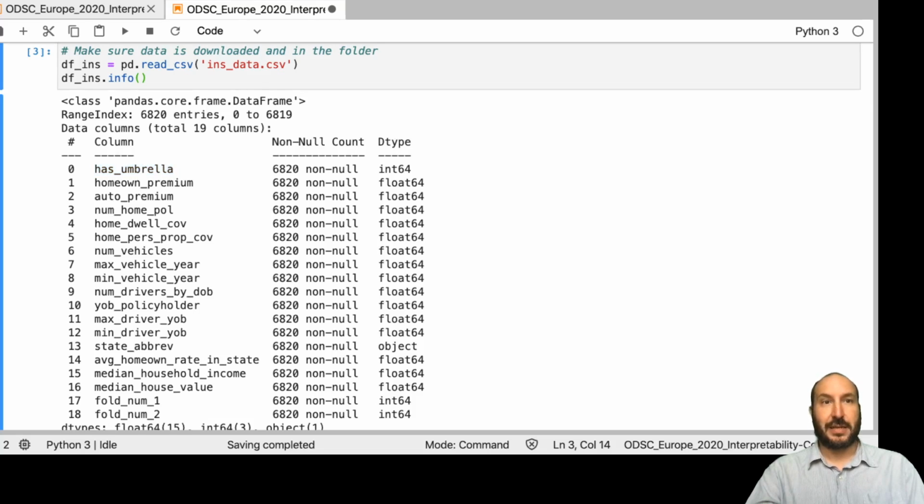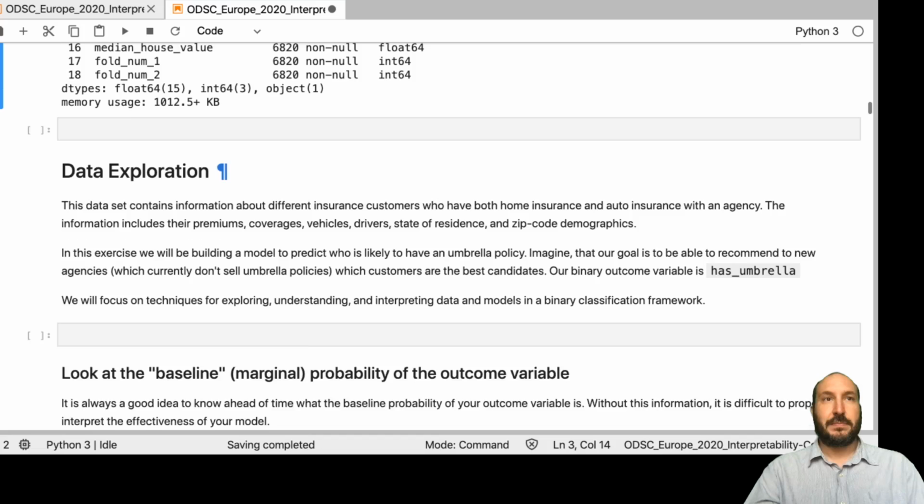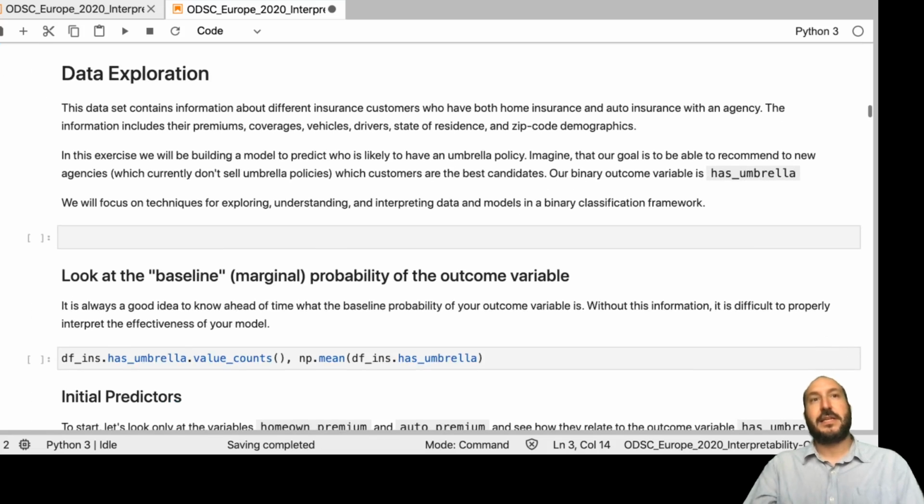So let me scroll down a little bit and give some background on this data. This data set contains information about different insurance customers. Each row is an individual who has a home policy and an auto policy with a particular insurance agency.